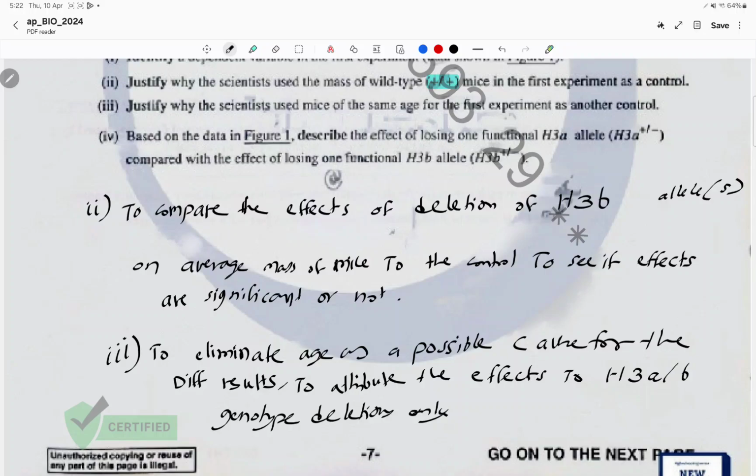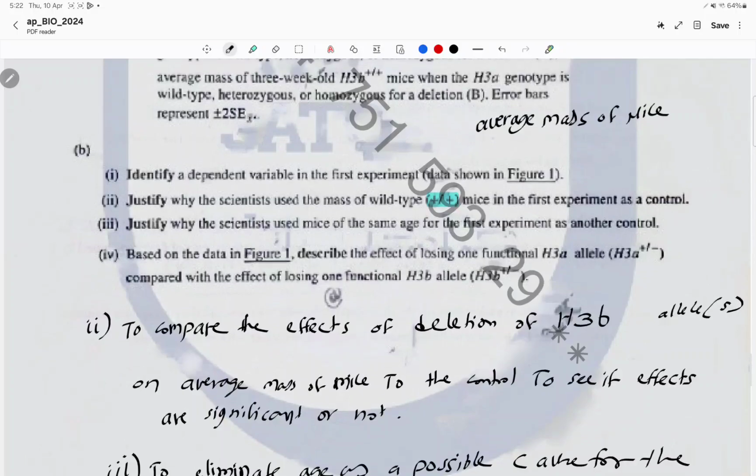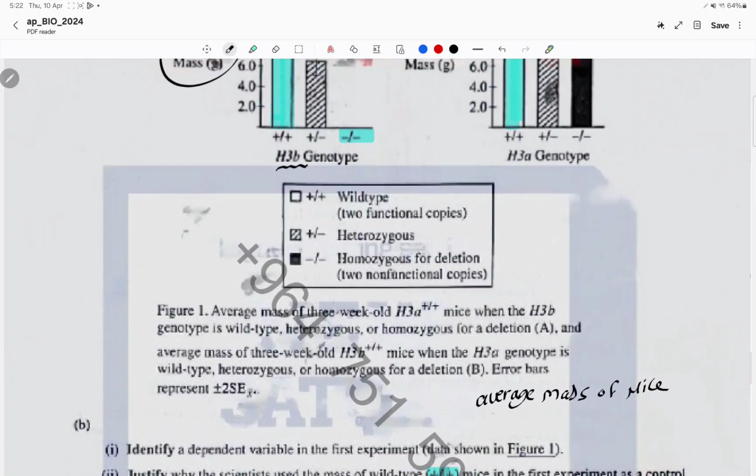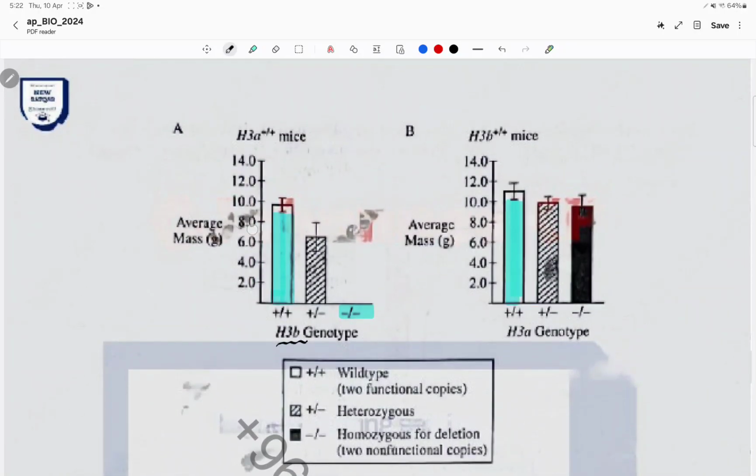IV, based on the data in figure 1, describe the effect of losing one functional H3A allele, which means having 1 plus and 1 minus, compared to the effect of losing one functional H3B allele, having 1 plus and 1 minus, in figure 1. So let's just compare them obviously to control, which is the wild type. So having a plus and a minus here results in a significant decrease of average mass, but having a plus and a minus here does not, because there's overlap, right?